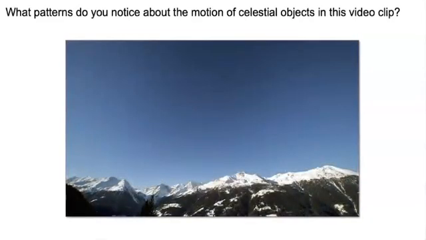What patterns do you notice about the motion of celestial objects in this video clip? Do you notice the sun setting and then the moon setting over the mountains? So do I. I also noticed that all the celestial objects, the sun, the moon, and stars, moved in the same direction across the sky.